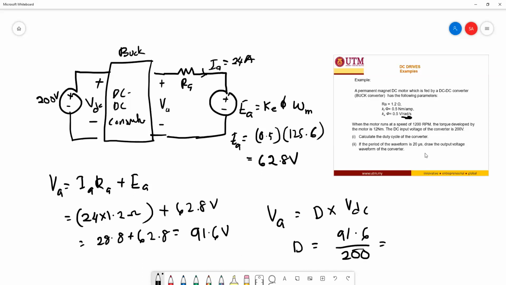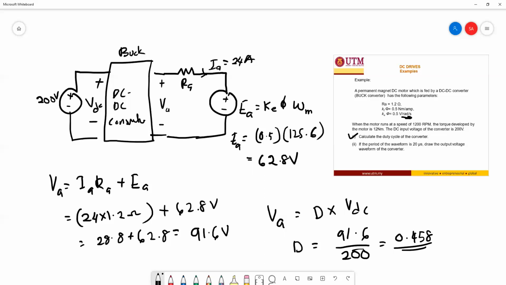So you can obtain the duty cycle as 0.458. Okay, so 0.458. So that is for the first question.